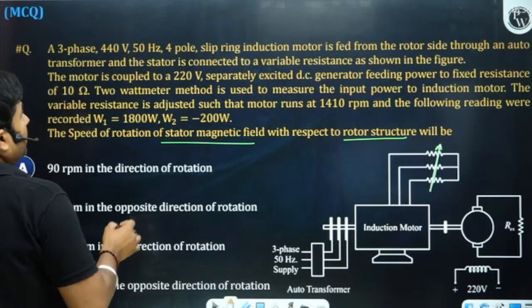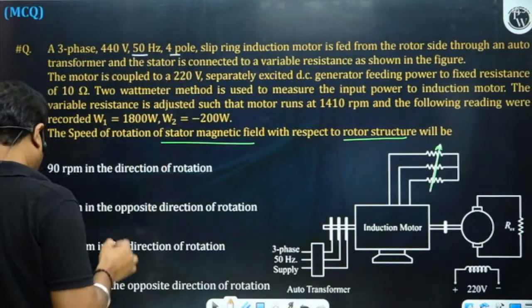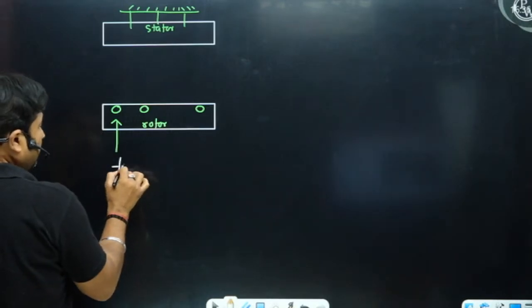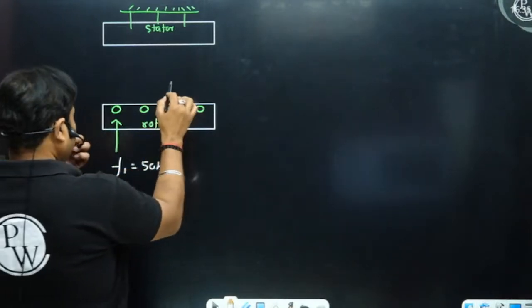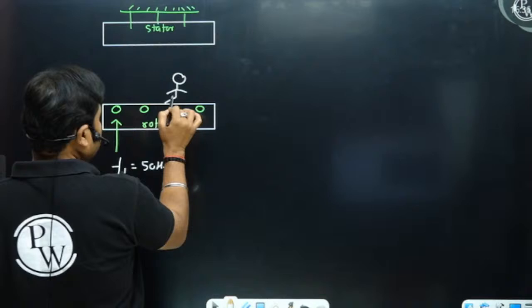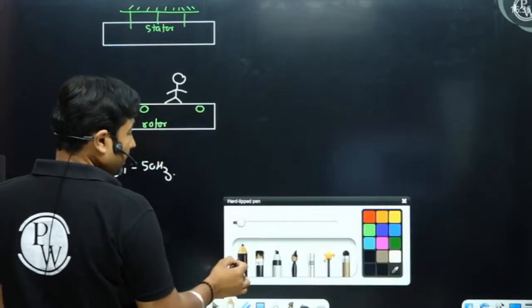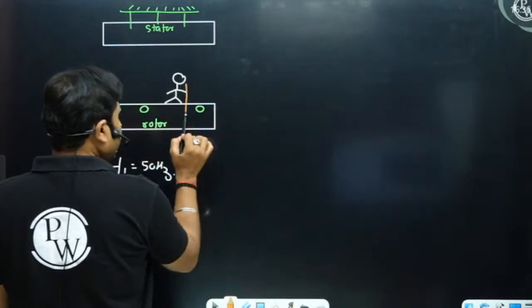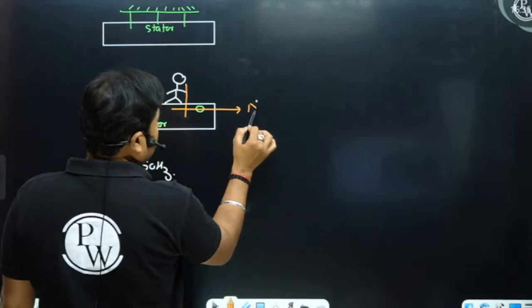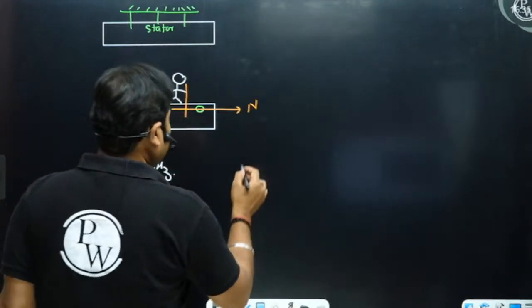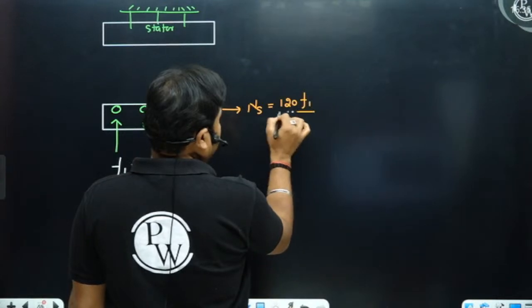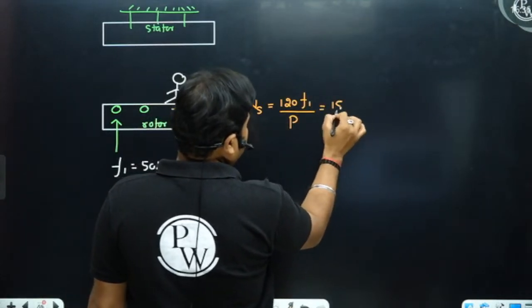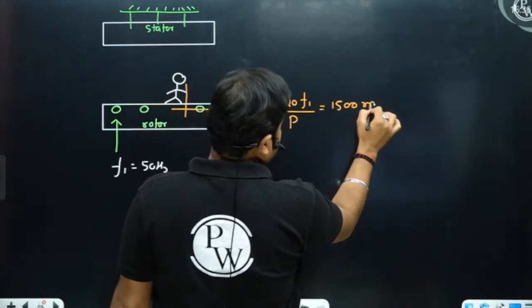A 50 hertz, 4-pole supply is given onto the rotor. Because of the supply given to the three-phase rotor, the rotor will create a rotating magnetic field, and the rotor field will start rotating, let us suppose in a clockwise direction, at a speed of ns, where ns is 120f1/p, so 1500 rpm for 4 poles and 50 hertz.